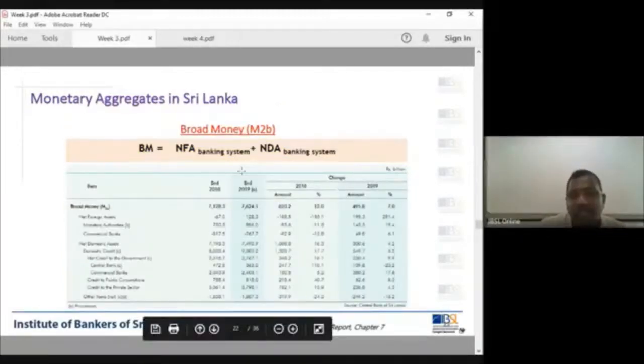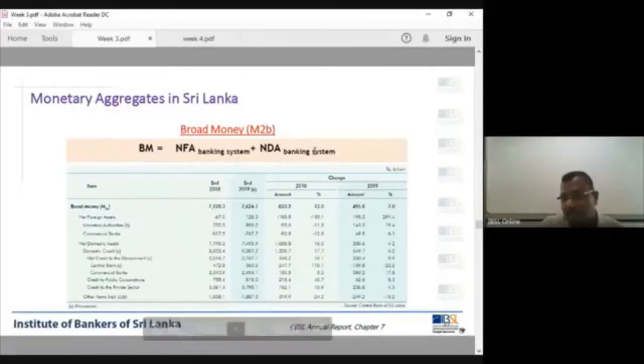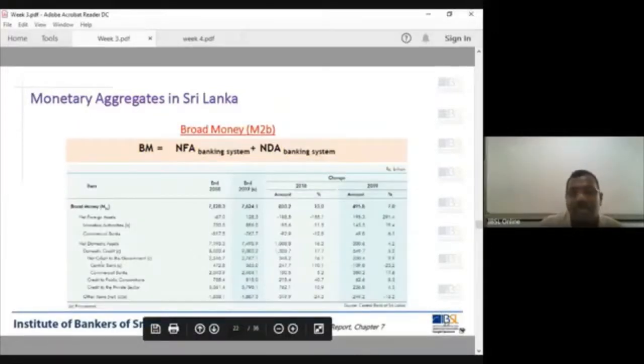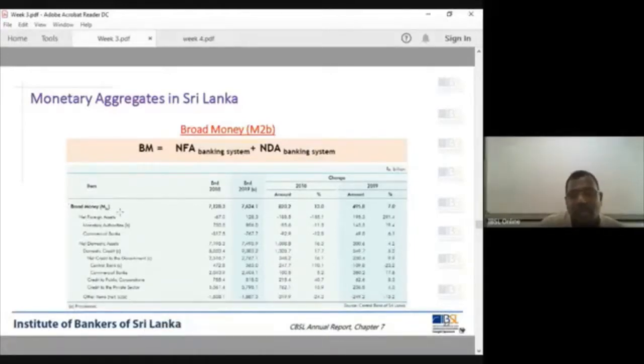So if you look at this table, this is simply from the central bank annual report. What I have mentioned in the hypothetical numbers is given very clearly in this slide. Broad money is M2B in Sri Lanka. Currently it's around 7,600 billion. How is it created?